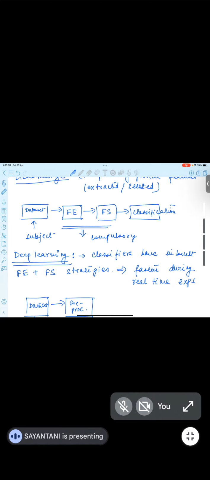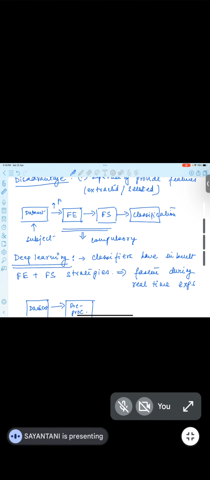So if you draw the block diagram, you have your data set that you have acquired from your subject. Of course, you have to go for pre-processing. Previously, also pre-processing is there because you have to remove noise. That is something common to all classifiers. And after pre-processing, you can directly move on to classification.